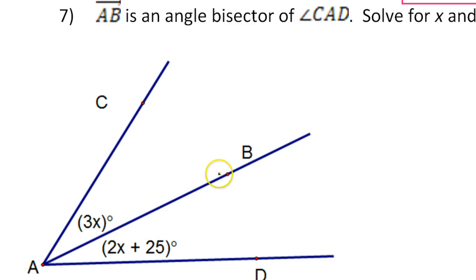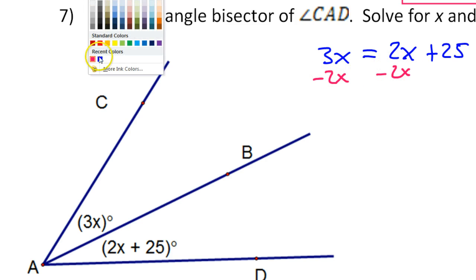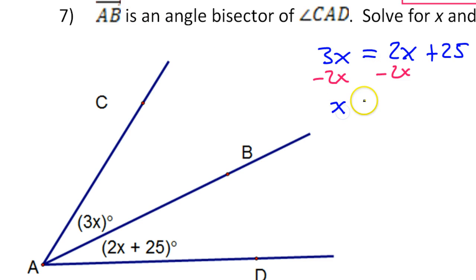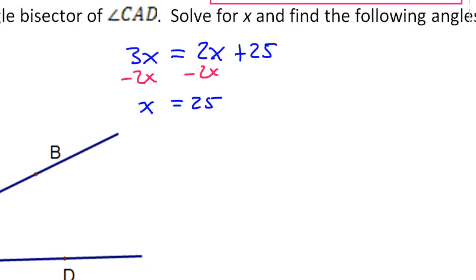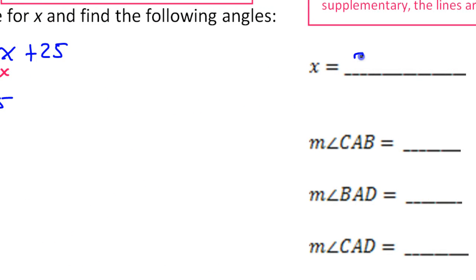So if AB is an angle bisector, then that means that 3x is going to equal 2x plus 25. So we could solve this for x, of course. If you subtract 2x from both sides, you get x equals 25 right away. So now we know that x is equal to 25.